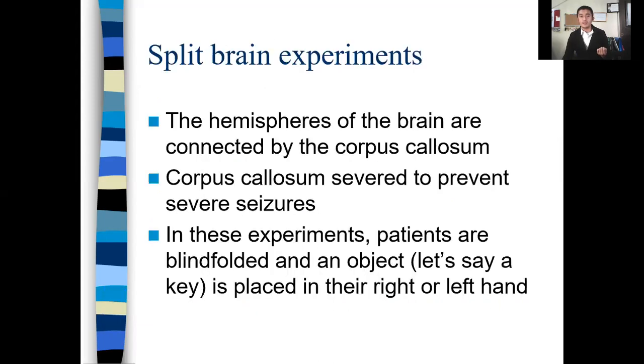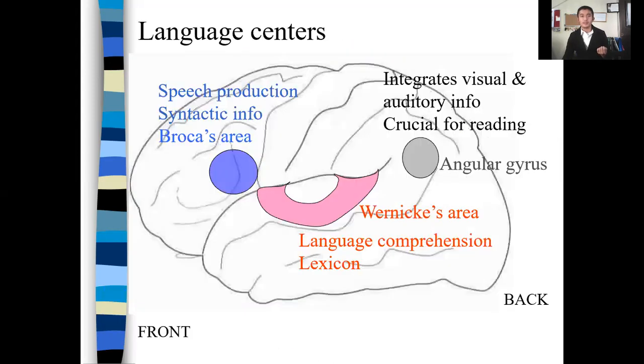So let's talk about the language centers. What part of your brain focuses on processing the different aspects of language? Broca's area is more of the speech production and syntactic information.